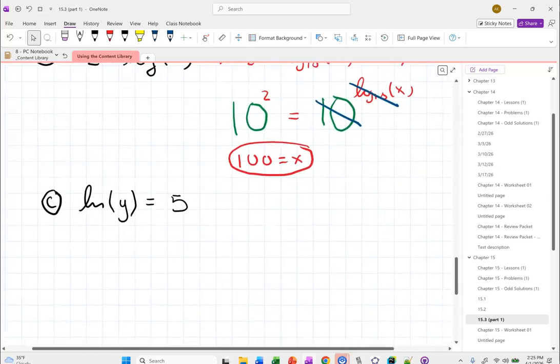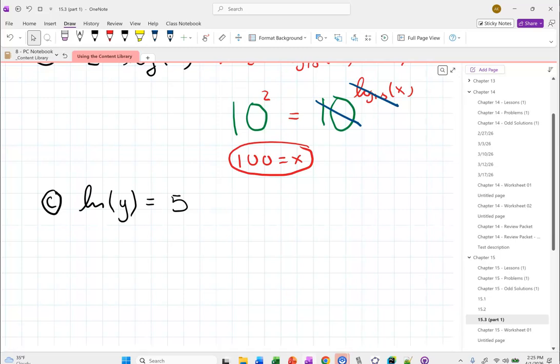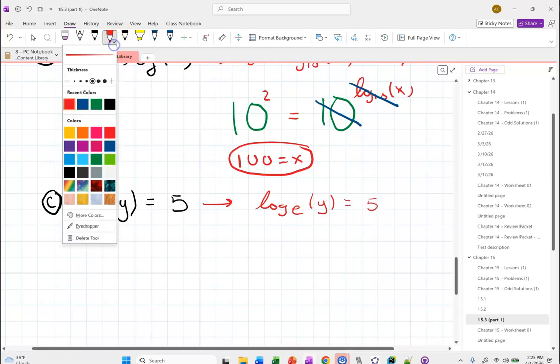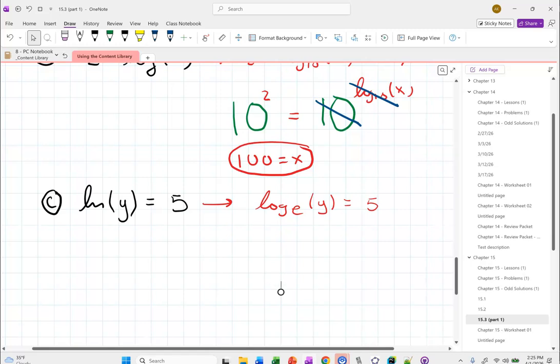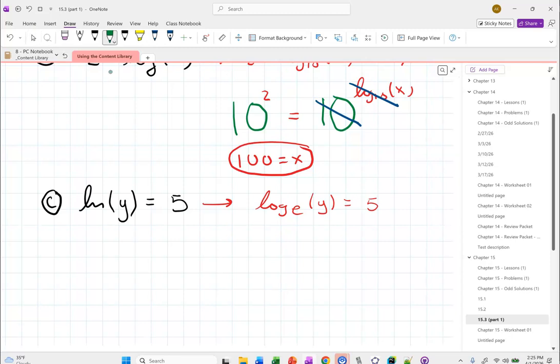All right. Next example, we have ln of y is equal to 5. What does ln mean? That's right. Log base e of y is equal to 5. And what's going to cancel out that log base e? Exponent base e.